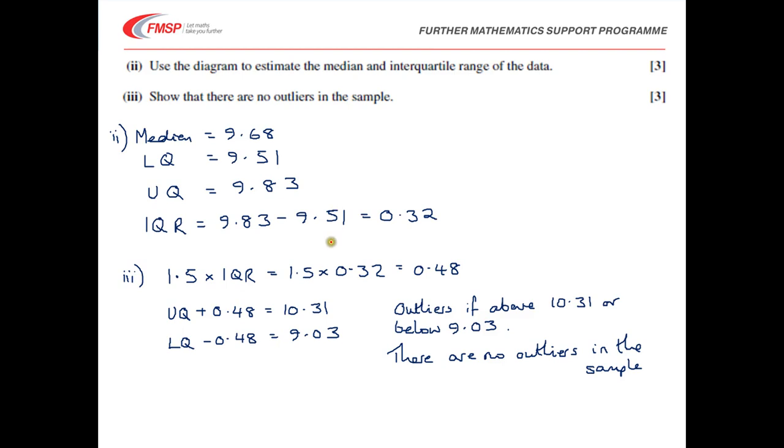For part 2, there's just 1 mark here, which is follow through your graph. There's 1 mark for one of the lower quartile or upper quartile. And then another mark for getting the interquartile range, and that is dependent on that one being correct.